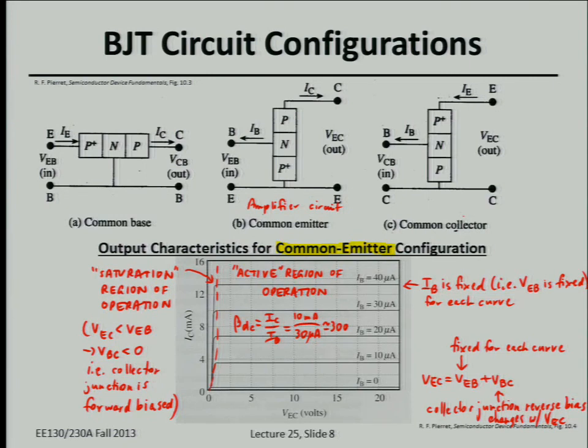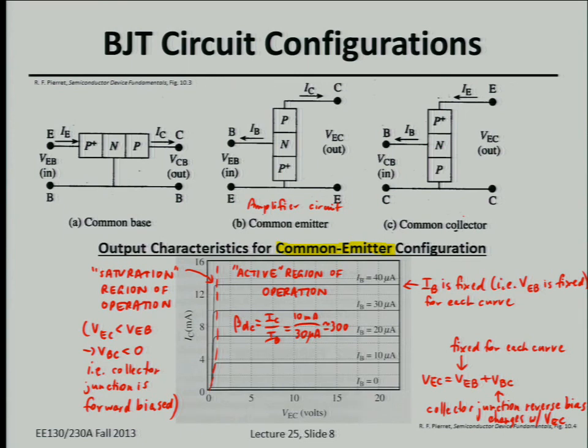In other words, the collector junction is forward biased. So if you go to very low VEC, below the forward bias on the emitter junction, then you're forcing the base collector junction to be forward biased. Now, when the base collector junction is forward biased, you're injecting carriers like for a PNP transistor, you're injecting holes into the base from the collector, right?